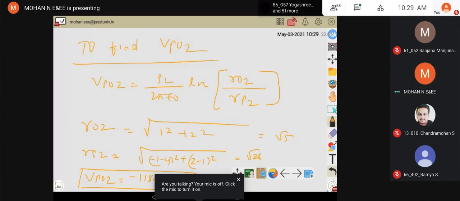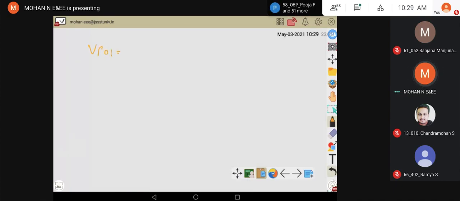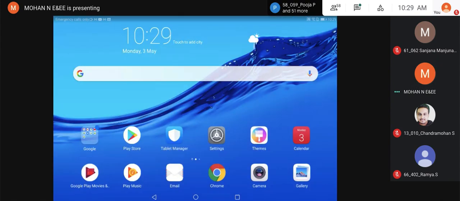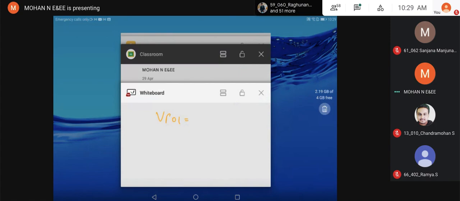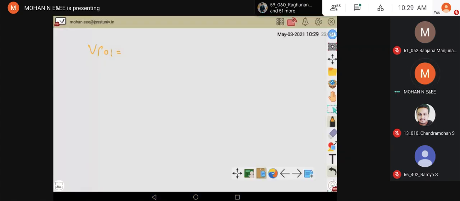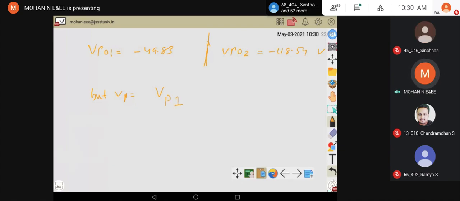Okay, so now we got VPO1 as minus 49.83 and VPO2 as minus 118.54 volts. But this is not yet the answer. We have to solve for VP, which is equal to the potential due to line charge 1 plus the potential due to line charge 2.